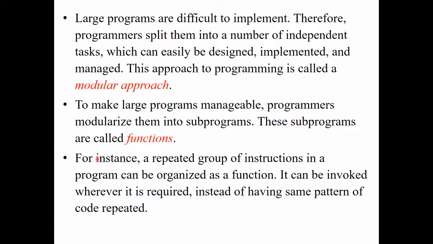It does something. So for example, a repeated group of instructions in a program, or a loop, as we did in the last example, summation of a matrix, I can define it as a function. And then whenever a summation of a matrix is required in a program, I'll just call this function. Suppose I want to sit. Then my brain sends a signal to my body to sit.